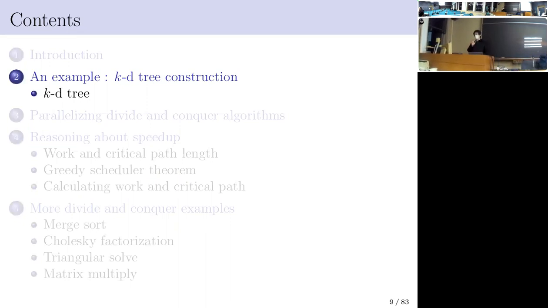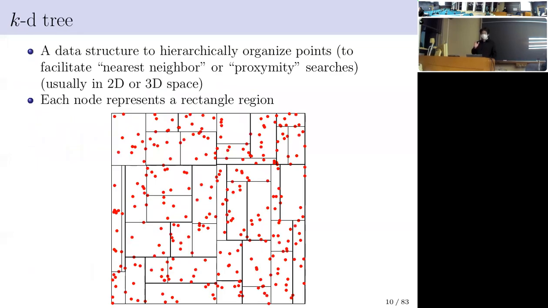So let me talk about a specific example, something called the KD tree construction. But to demonstrate that even if you are not familiar with this problem at all, or if you were advised to think in terms of divide and conquer, you may be able to come up with a good algorithm.